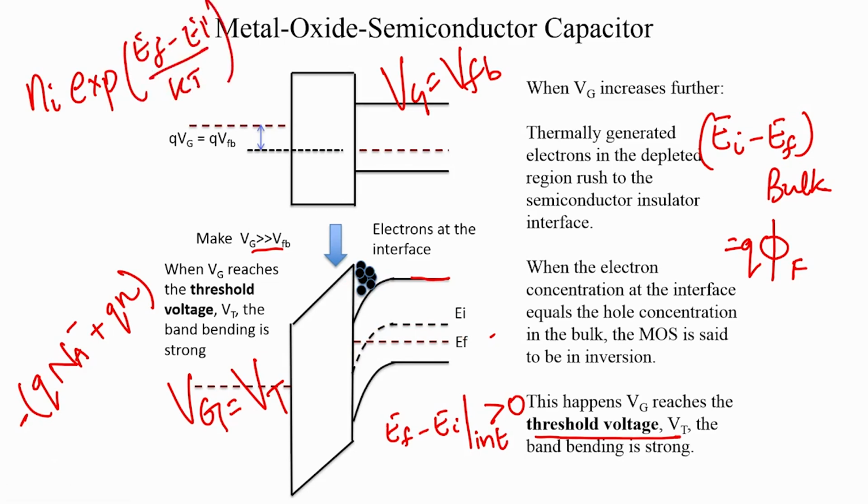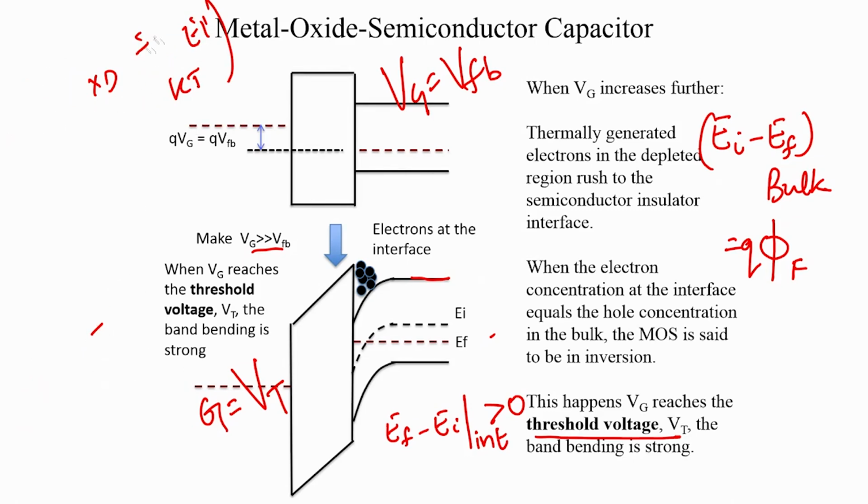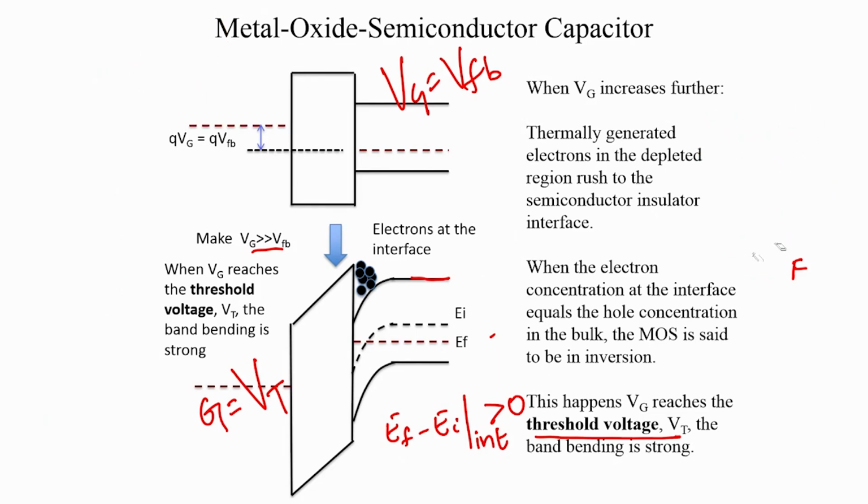Now, how many holes do you have in the bulk? Let me just write this out neatly. So, let us say Vg is equal to Vt.